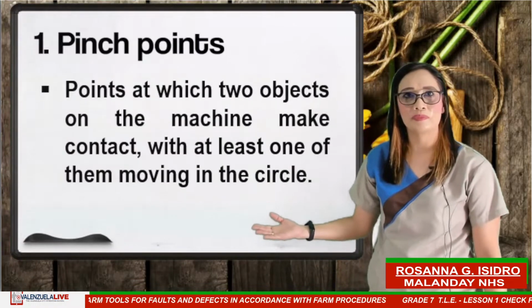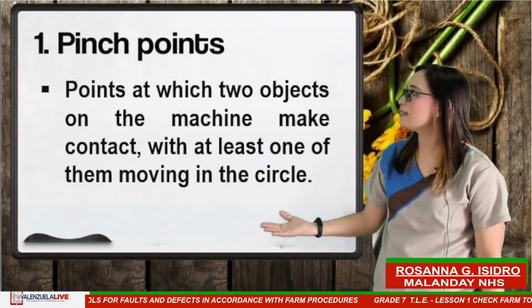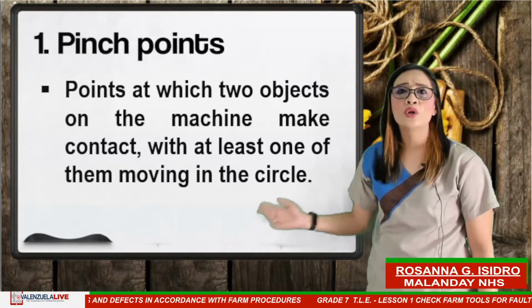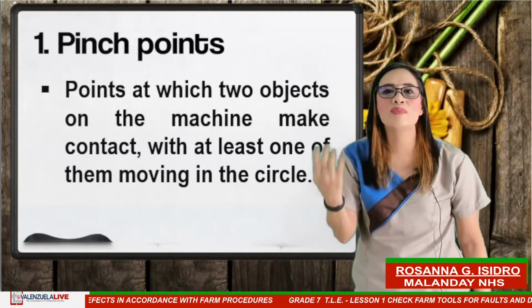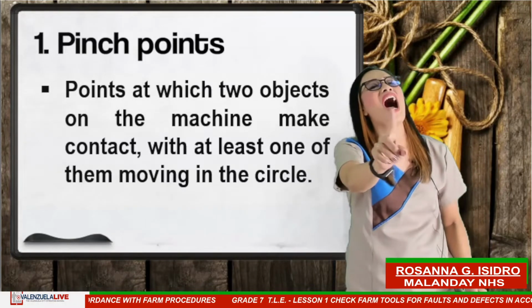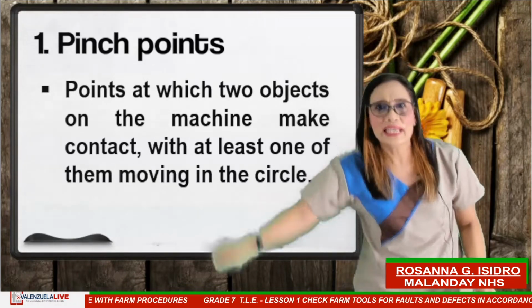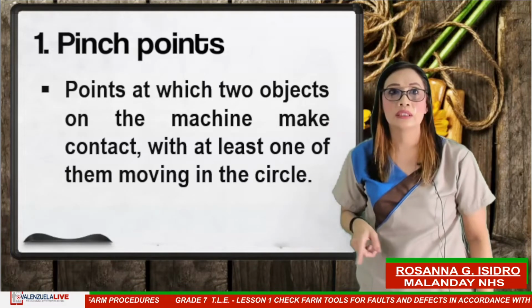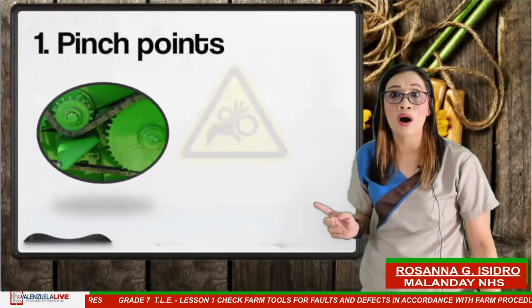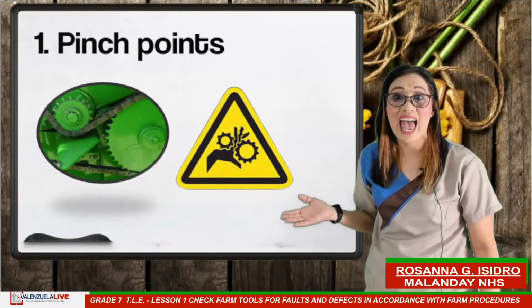First, pinch points. Points at which two objects on a machine make contact with at least one of them moving in a circle. The most injured body parts are fingers and hands.